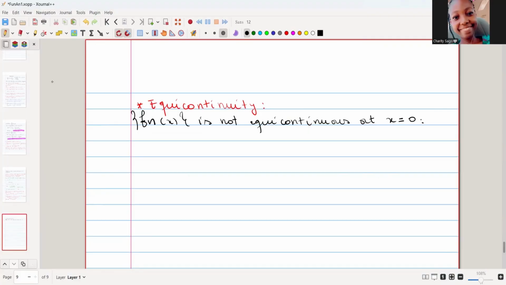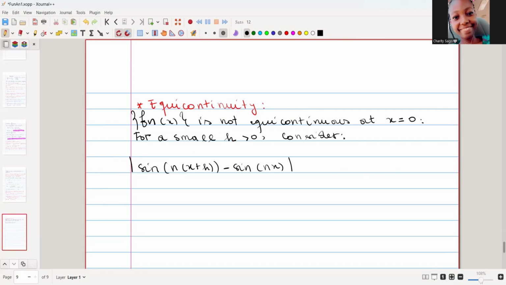We can prove it. If we take a small h, then sine of n(x plus h) minus sine of nx is something we can handle using the mean value theorem.